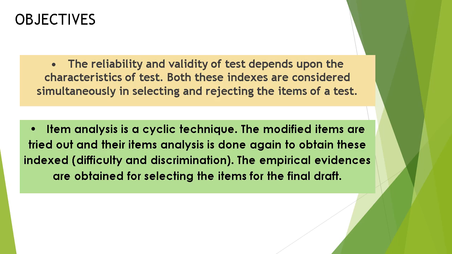So we also have that item analysis is a cyclic technique. These modified items are tried out and their item analysis is done again to obtain the indexes of difficulty and discrimination. So the empirical evidences are obtained for selecting the items for the final draft.